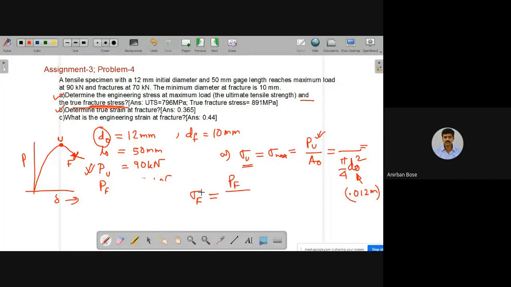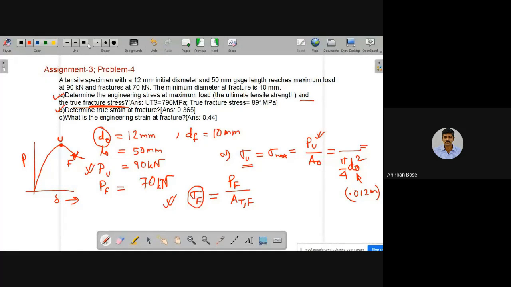But when you are finding out the true stress, you divide by the actual area, right? It's better you divide by the actual area, the true area. So what is the true area at the fracture? You divide by that. And already we know PF is 70 kilonewton. Okay, so this is the formula you can use to find out the true fracture stress.